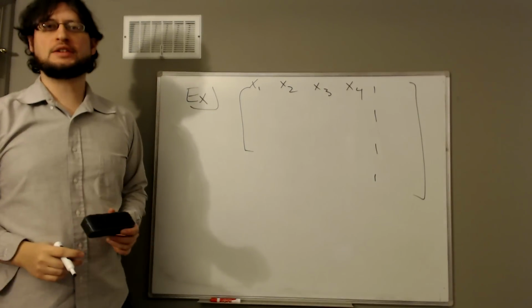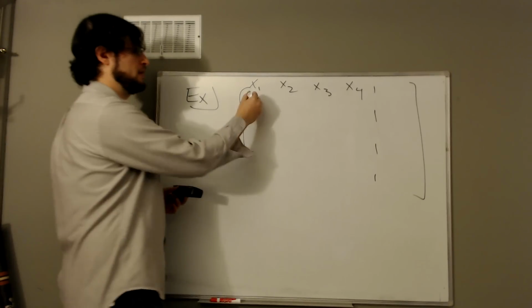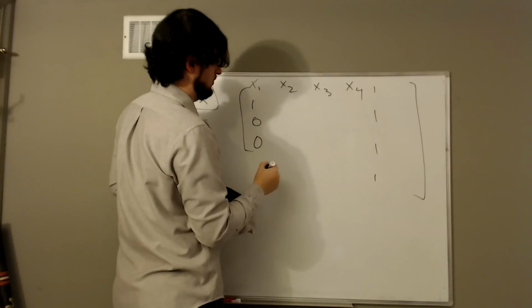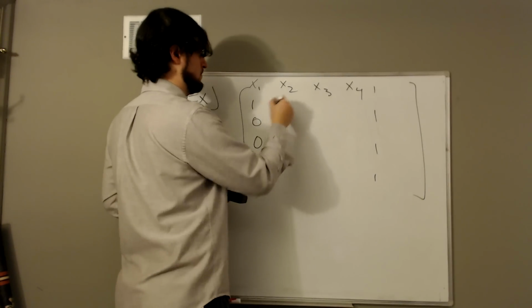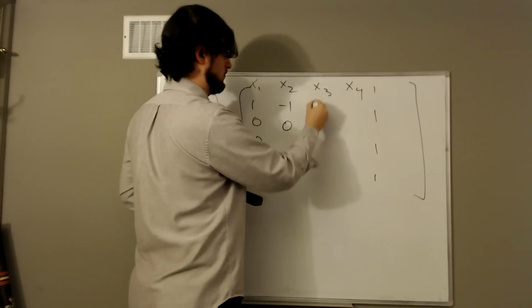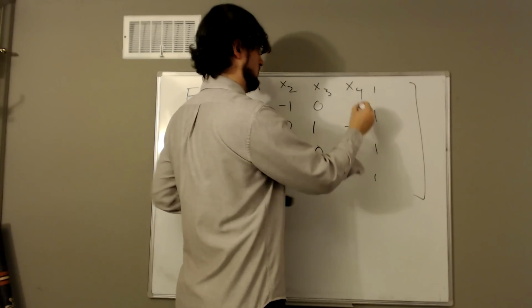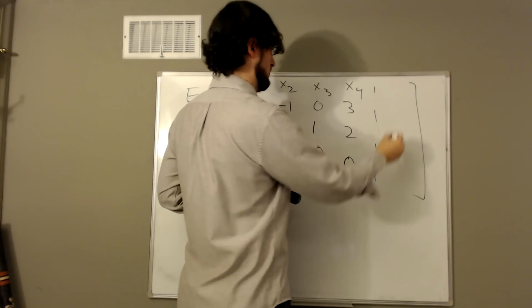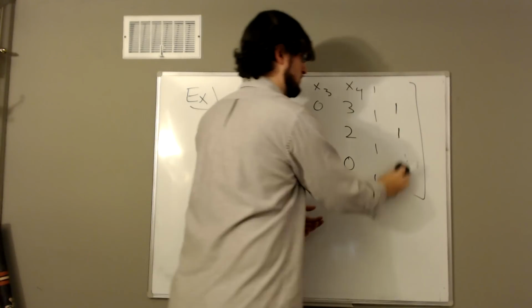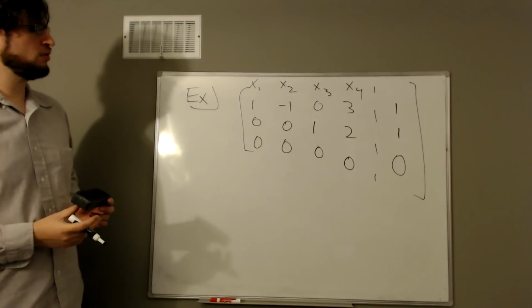Suppose that I had a system of equations and I applied our row reduction algorithm, and this is what it looks like. So this is what we get.